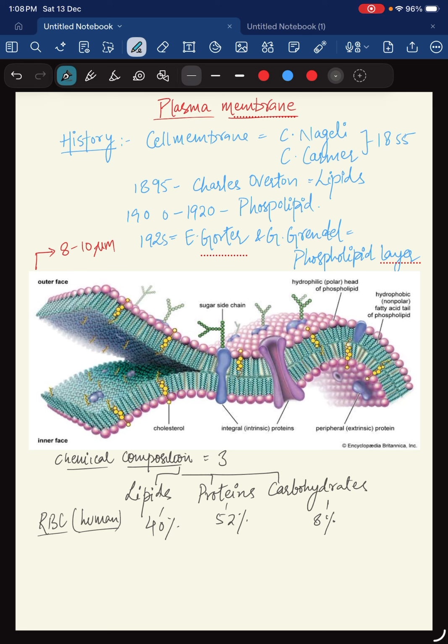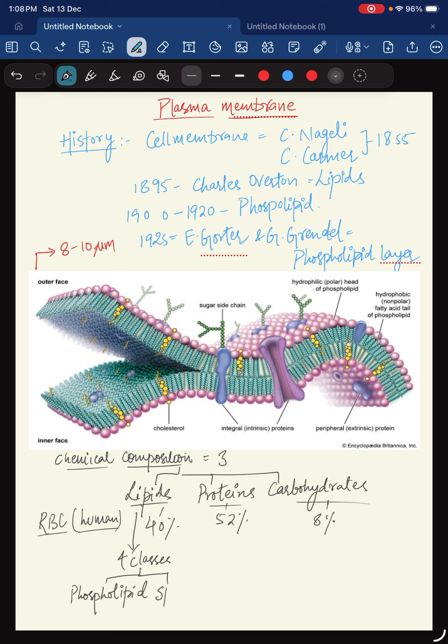Now, as we have seen the chemical composition, lipids, proteins and carbs, we will now see what types of lipids are present inside the membrane. Classifying the lipids, there are 4 major classes. One, which we commonly see and is present in majority on the plasma membrane, is phospholipid, the most abundant lipid.